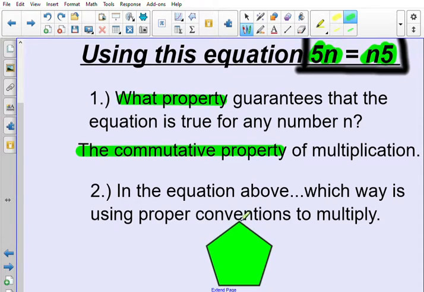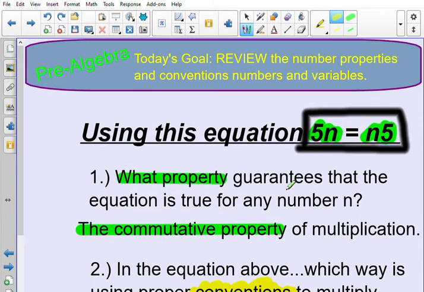Conventions. Whether or not you remember conventions, we had conventions on our last quiz. Your conventions are how to write multiplication. So basically what we're asking is, if these are the two ways that I wrote it, you either wrote it as 5n or n5.